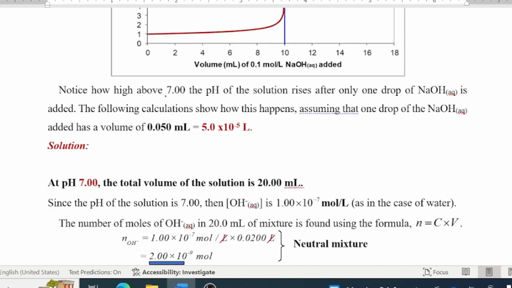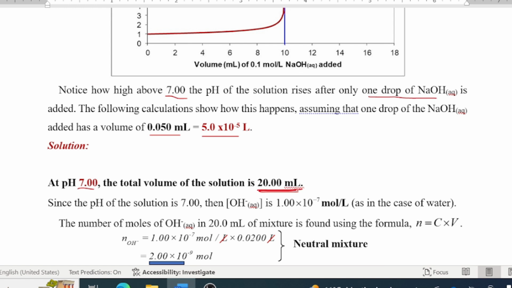At pH 7, what will happen if you put 1 drop of sodium hydroxide of 0.1 mole per liter? A volume of 1 drop is approximately that many milliliters, and that translates into that many liters. We need to find the new pH after the equivalence point is reached. At pH 7, we had 20 milliliters in that previous titration.